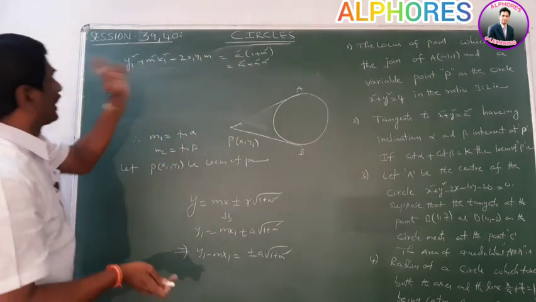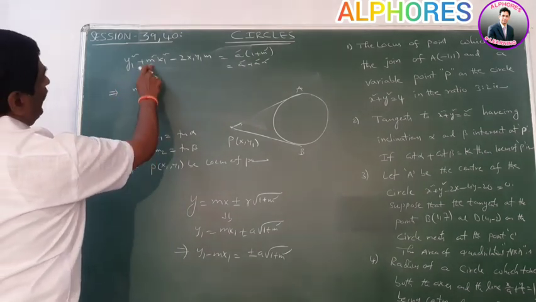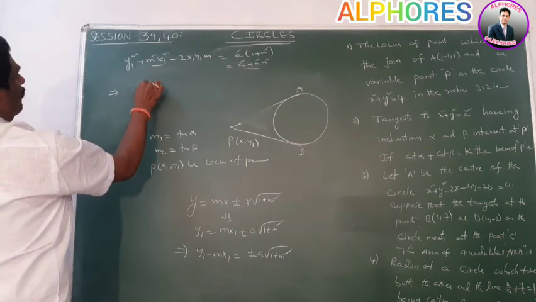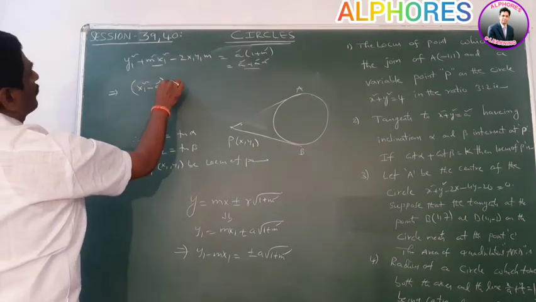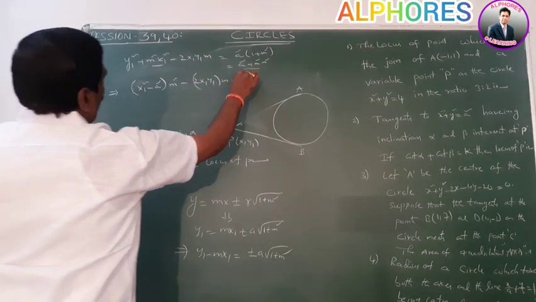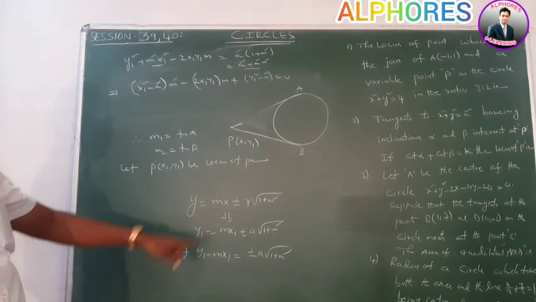That means m square is the common term: x1 square minus a square into m square minus 2x1 y1 into m plus y1 square minus a square is equal to 0.